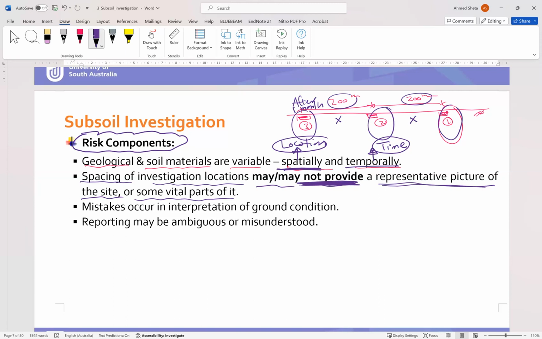So in some cases, your bore locations will affect your soil investigation. But this is also some of the uncertainties we get in soil or subsoil investigation.